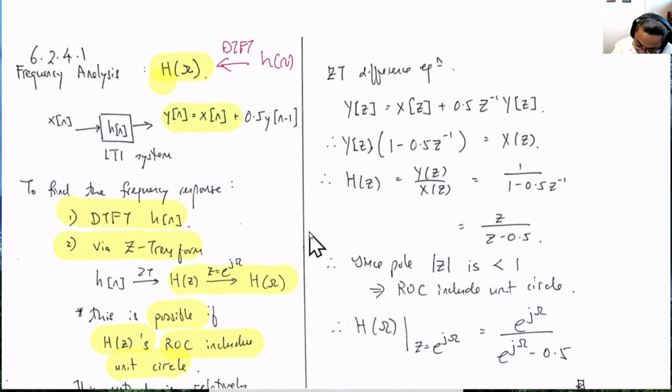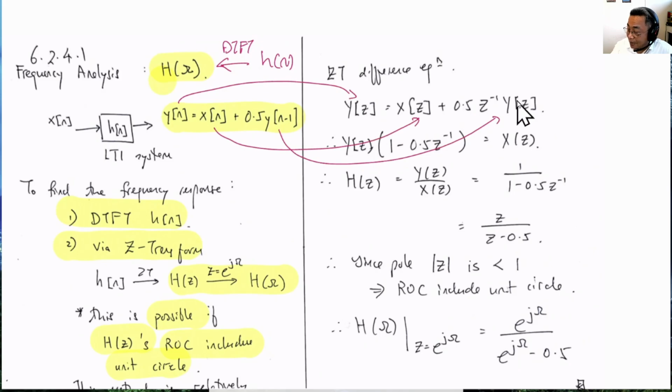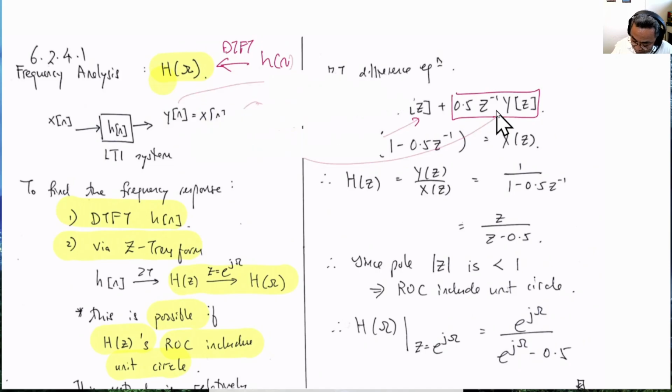So when we convert y of n to Y of z, y of n becomes Y of z, x of n becomes X of z, and y of n minus 1 simply becomes 0.5, which is the coefficient here, times Y of z, z to the minus 1. So this is nothing but your good old Z transform.